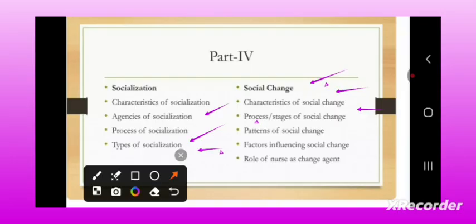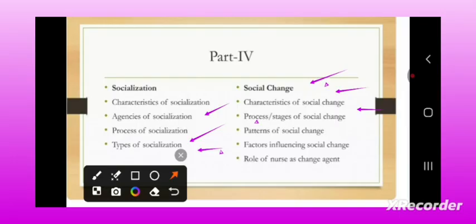Next, the process or stages of social change. While there is no single universally accepted model, social change is generally viewed as passing through stages related to adoption and acceptance, often related to Kurt Lewin's change theory in a practical context. Unfreezing: recognizing the need for change and overcoming resistance to it.